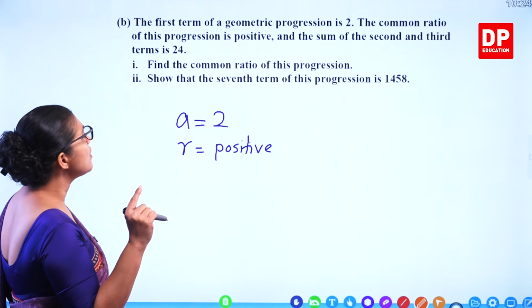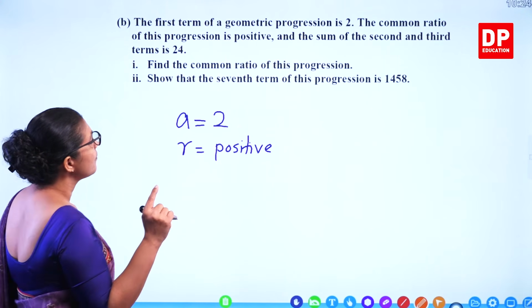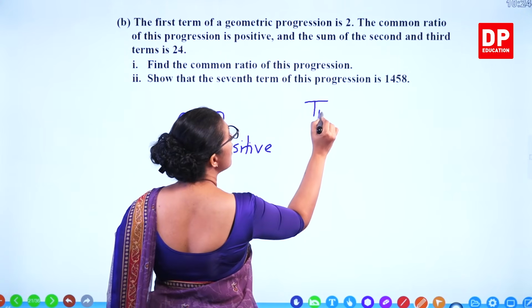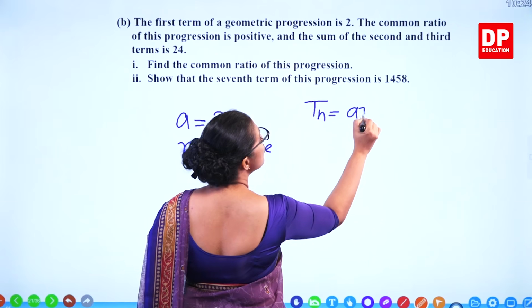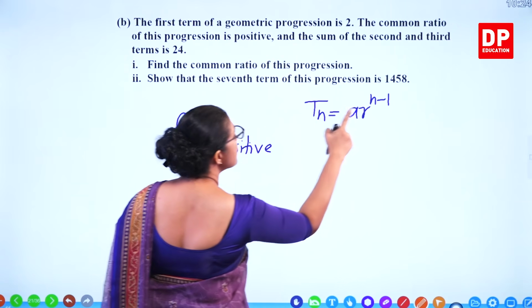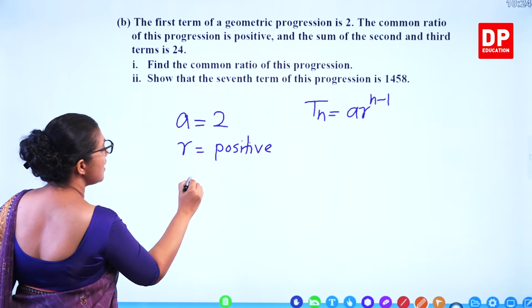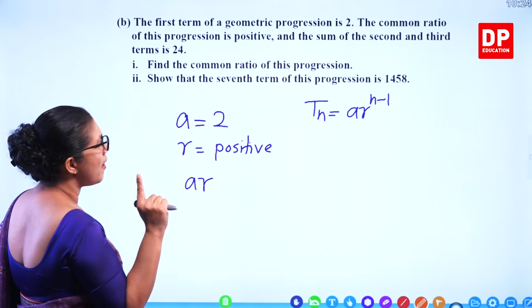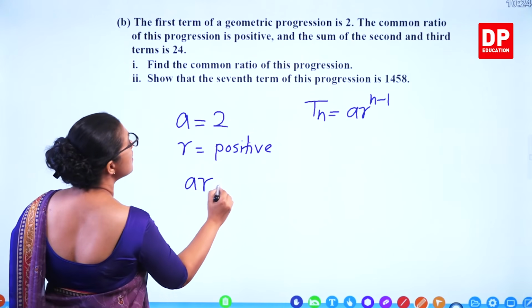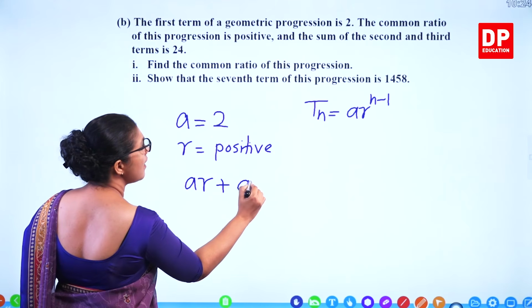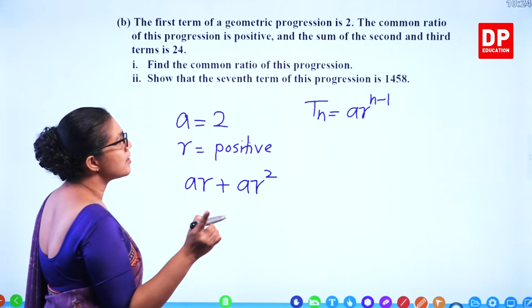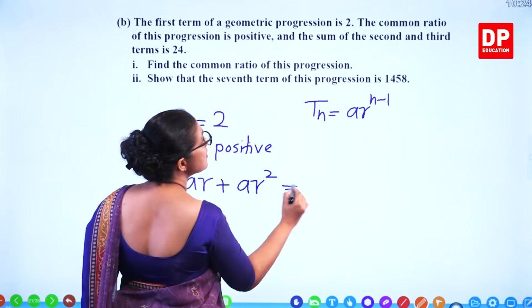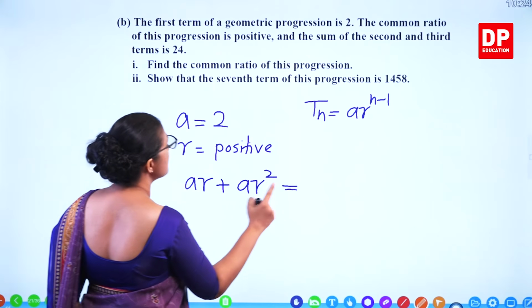So how do you write down the second term? According to the nth term formula, ar to the power n minus 1. The second term means ar, since 2 minus 1 is 1, so the power is 1. The third term is ar squared, since 3 minus 1 is 2.